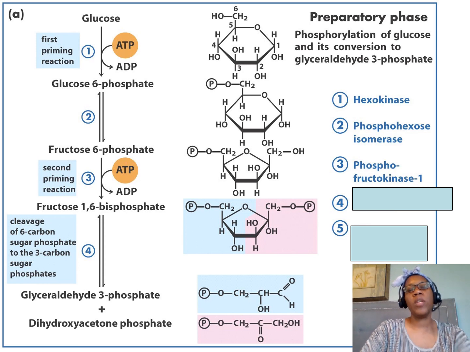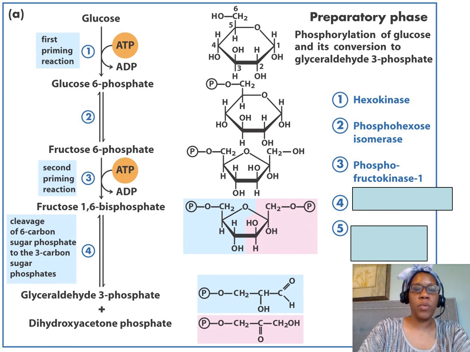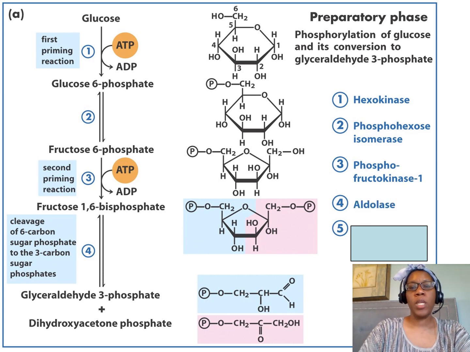Okay, so now we've created our doubly phosphorylated F16BP. So we should recognize the structure here, F16BP. And once we create that, then we're going to chop it in half. We're going to utilize aldolase. So aldolase is responsible for creating 2 3-carbon molecules, both phosphorylated. You don't need to know the name of these.